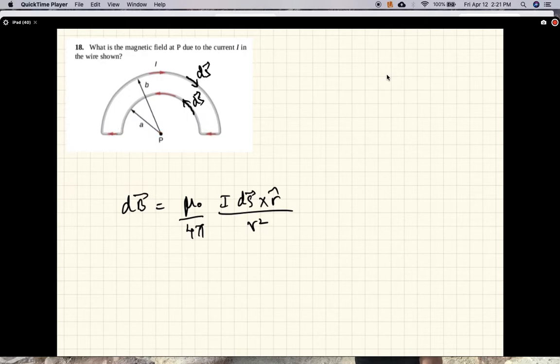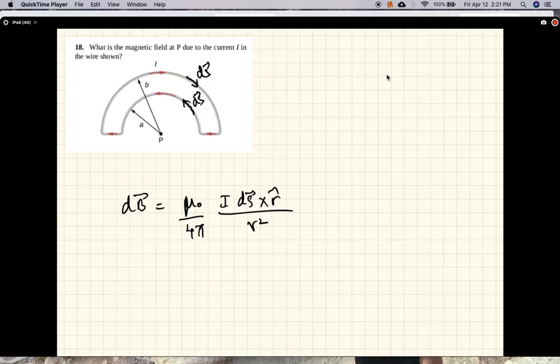So now it's just a matter of adding the fields due to all of these elements, which are in the same direction, and subtracting the field due to all these elements, which are producing a field into the plane of the paper. So all these little elements are producing fields out of the paper. All these little elements will produce fields into the paper.